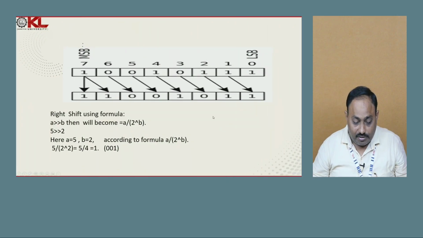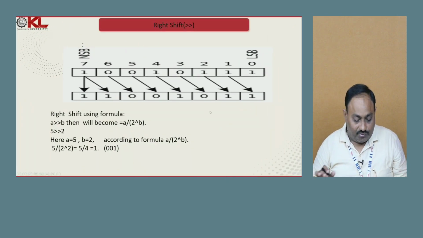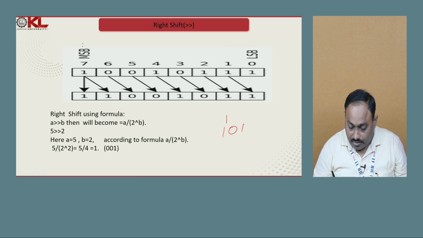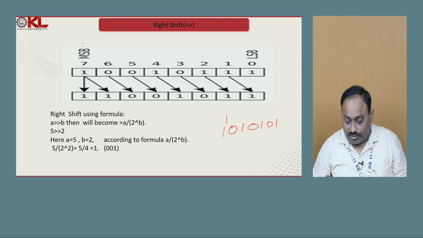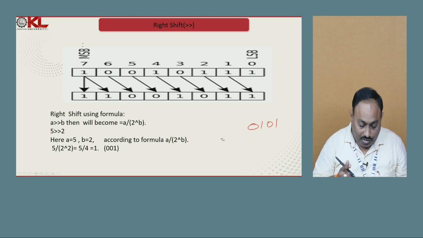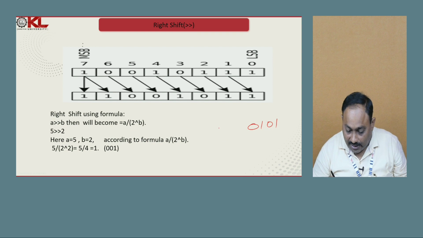Similarly, we have a simple mathematical formula for right shift. You can observe here again the 5 value. Take the 5 value, 0101. We know this is the value of 5. Here I want to perform a 2-bit right shift, making this an 8-bit representation for your convenience.